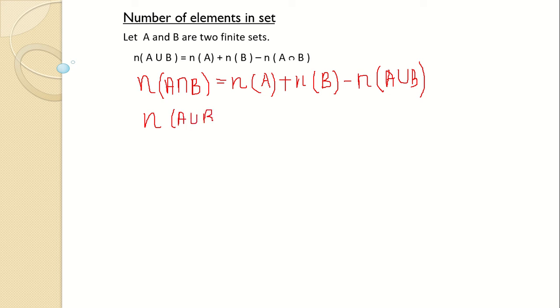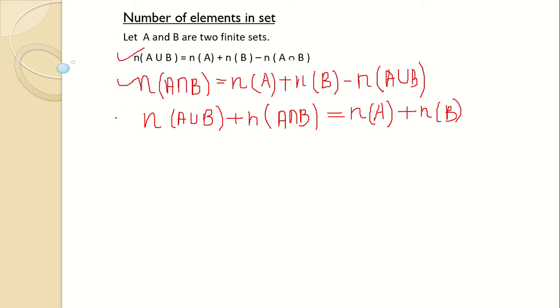Whichever way you find easier to remember this formula, you can take n of A union B, I will bring this intersection part this side, it will become plus n of A intersection B is equal to n of A plus n of B. So there are three ways in which I have written this formula just by rearranging.